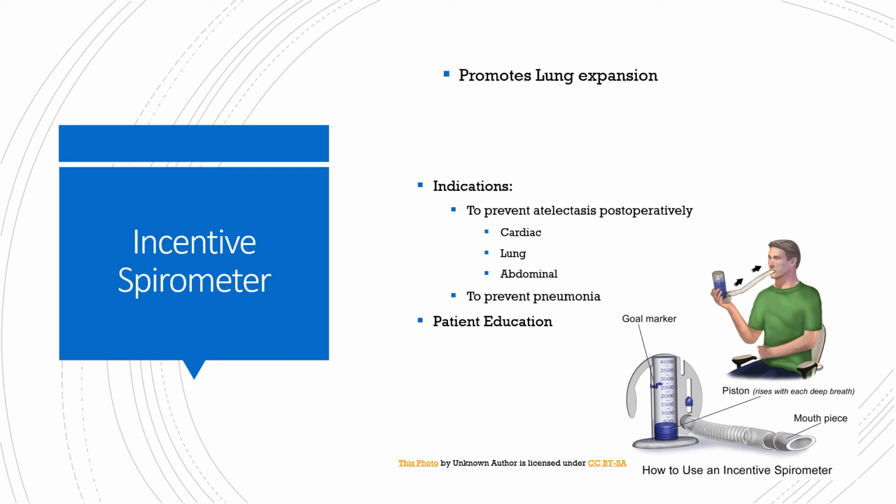So it promotes lung expansion, and the indication is to prevent atelectasis, specifically postoperatively, but it also can prevent atelectasis in other types of patients as well. So it's also used to prevent pneumonia. And I think the big thing with incentive spirometry is patient education, making sure that the patient knows how to use it and what they're doing with it and why it's important.